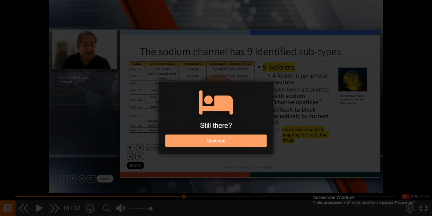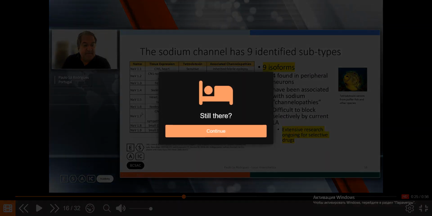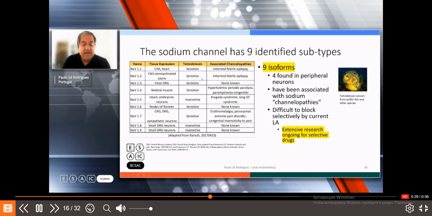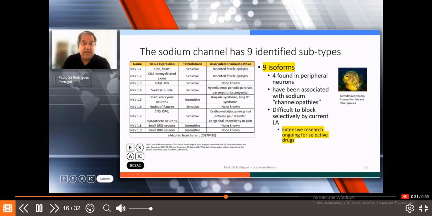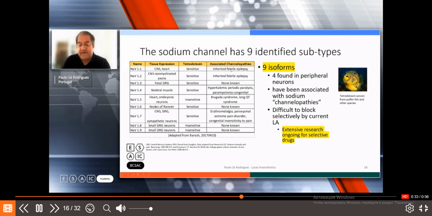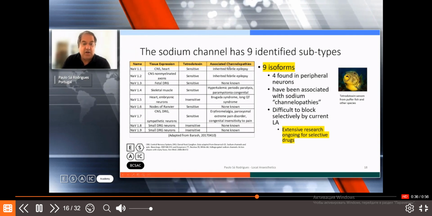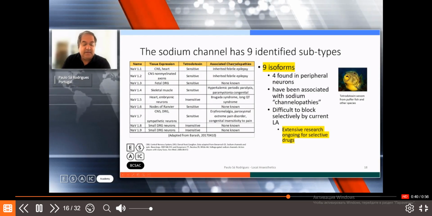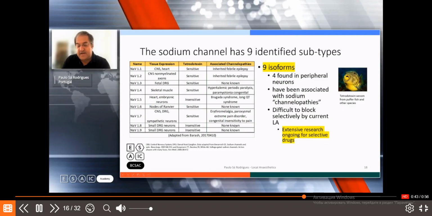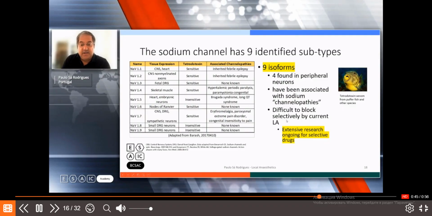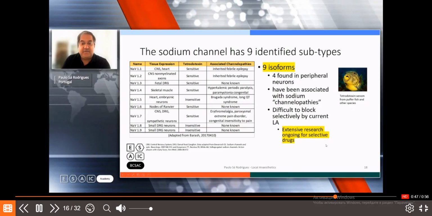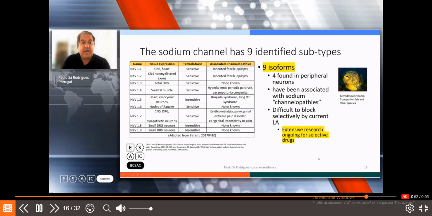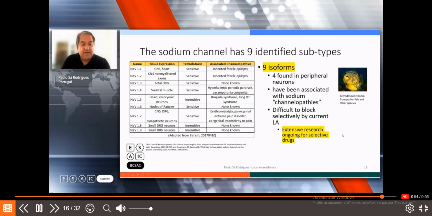These subtypes of the sodium channel may be associated with some specific diseases called channelopathies, and this is subject to extensive investigation today in order to develop selective drugs that block these specific subtypes of the sodium channel.